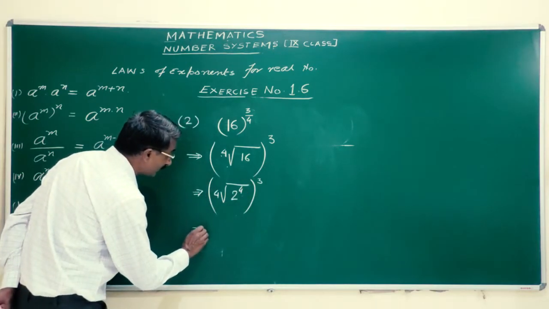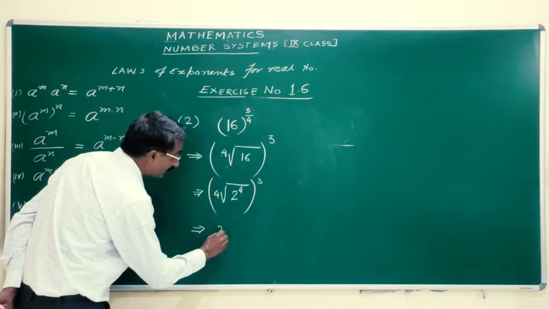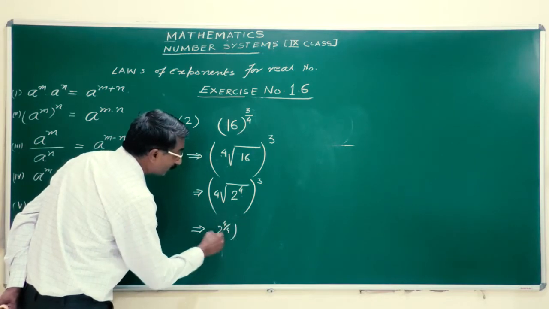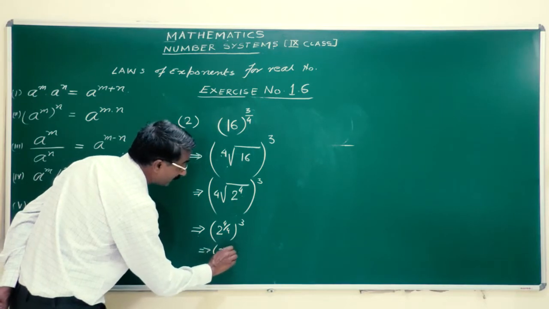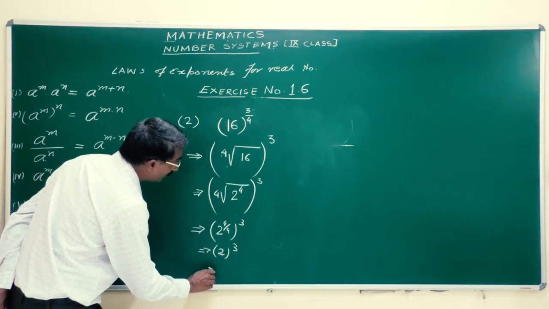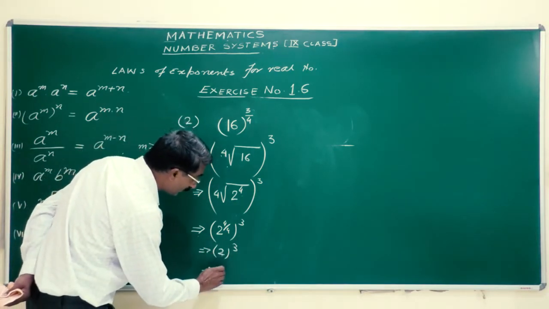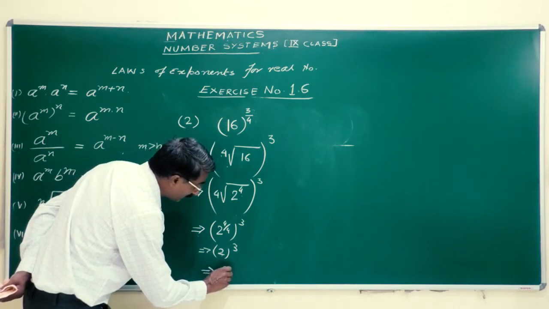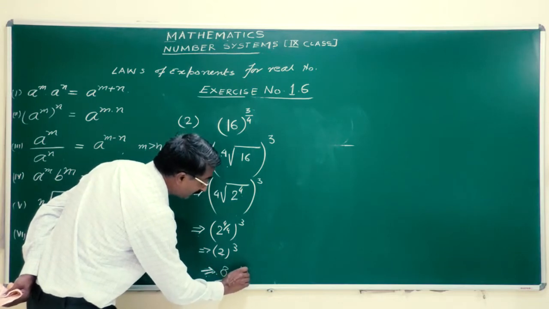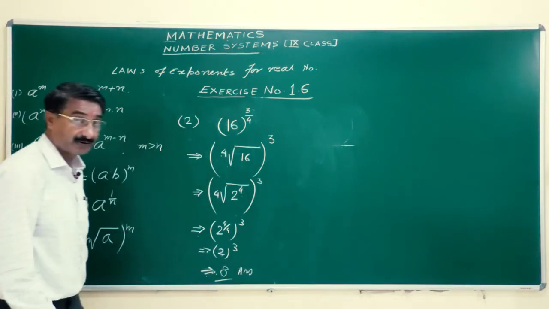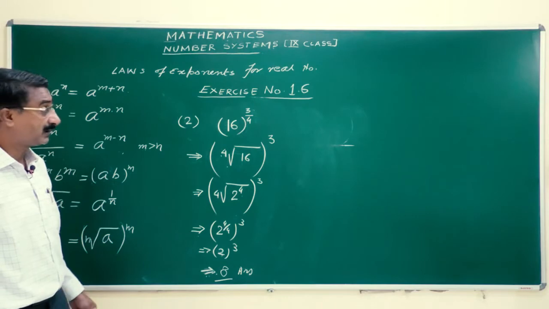So, again this is equal to 2 raised to the power 4 upon 4, whole raised to the power 3. So, this is equal to 2 raised to the power 3. 2 twos are 4, 4 twos are 8. So, the answer is 8. Clear? So, this is the third part.